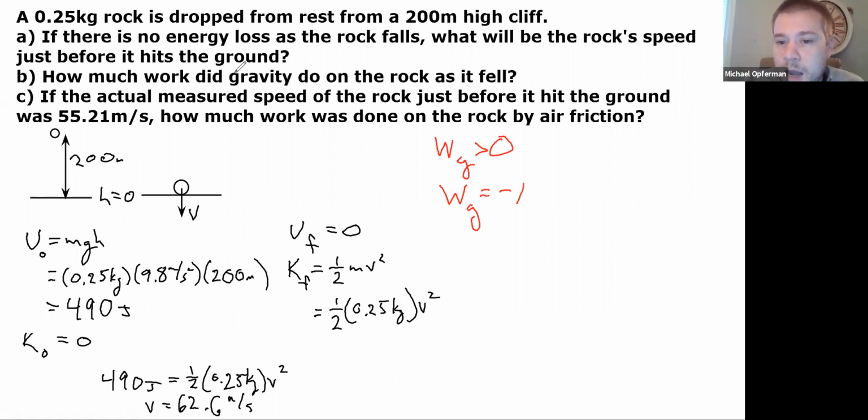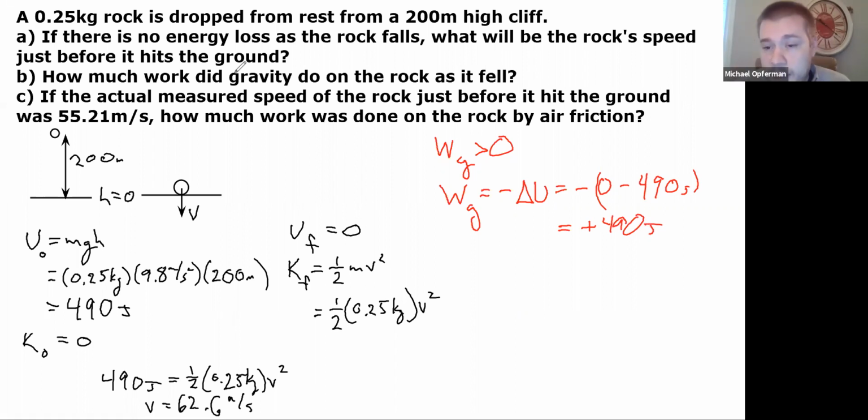So I can calculate it as minus delta U. And I've already calculated all my U's over there. So I'm going to have minus the final, minus here the initial, which was 490. So those two minus signs cancel out, and I get that the work done is positive 490. And it is positive as I expected it to be, so that makes sense.